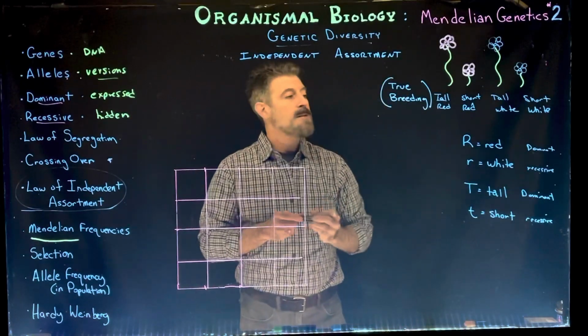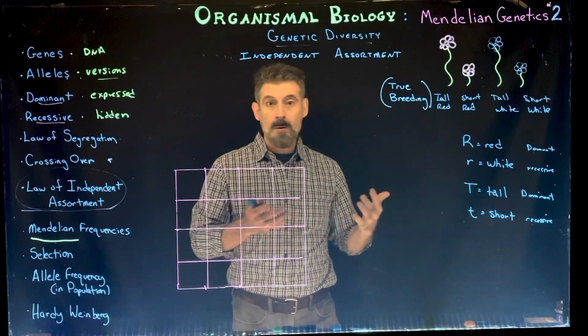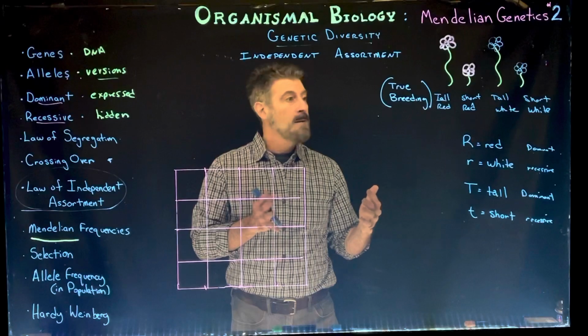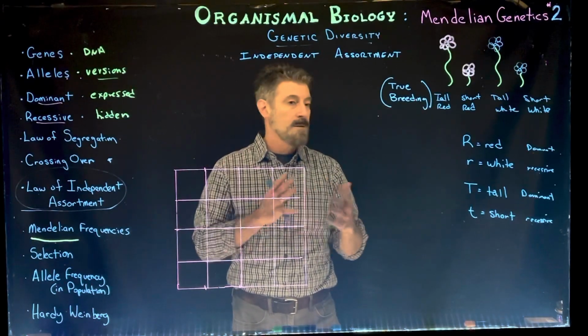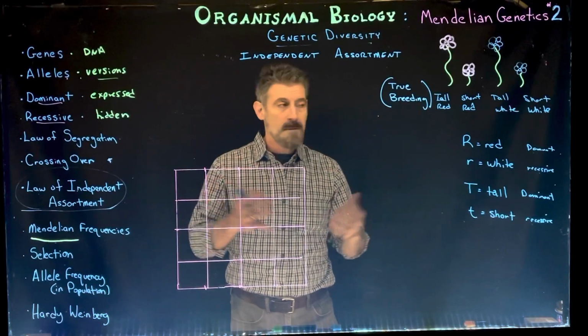So the idea here is, if you were to look at two traits simultaneously, or more, but right now we're just going to look at two, is there a particular pattern? Do dominants always go together, or recessives always go together, or is there something that could be explained, or is it more of a random distribution?